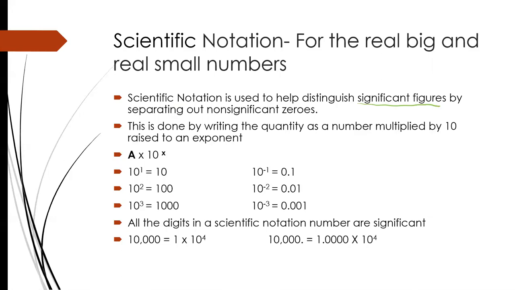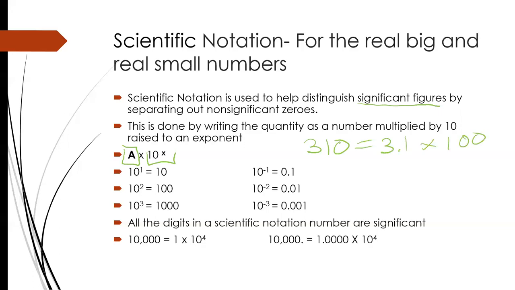The tricky part is making sure that you are writing and expressing them in the correct way. Scientific notation means that you are going to have some number a, and it's going to be multiplied by 10 to the power x. So if you had 310, you could think of 310 as 3.1 times 100.